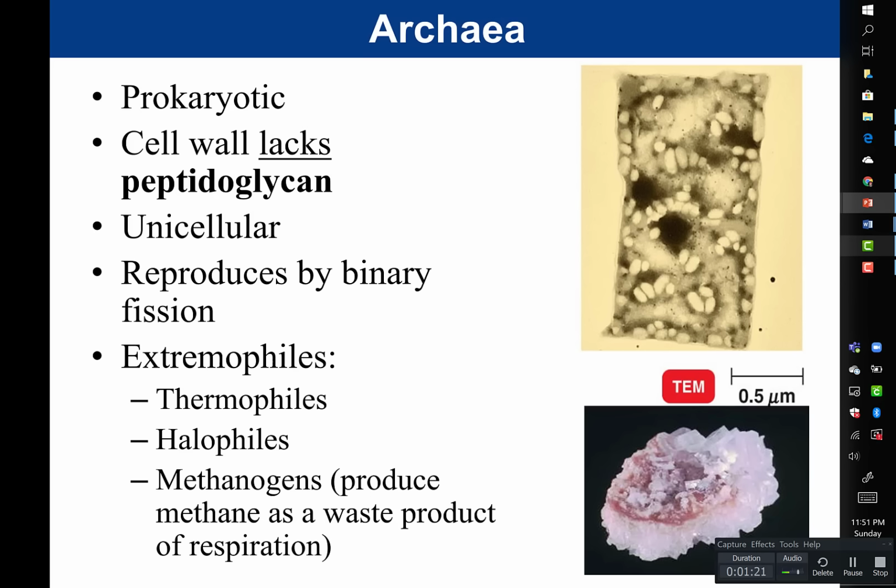Next, we have Archaea, and Archaea are prokaryotic, which means again that they also lack a membrane-bound nucleus, so they do not have a nucleus. Their cell wall lacks peptidoglycan. So they do have a cell wall, however, it is not peptidoglycan. It is something that's referred to as pseudomurein. So it is like peptidoglycan.